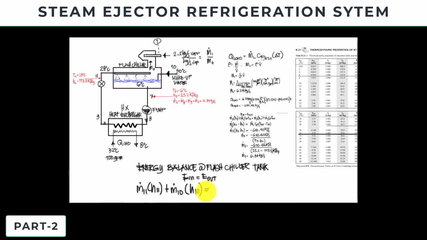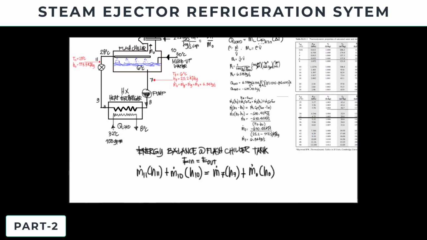Now what is leaving, we have this one, so that is the circulating water. We have the mass flow rate 7 times my enthalpy 7, plus we have the mass flow rate of the vapor which is leaving the flash tank. We have the mass flow rate at 0.0 times the enthalpy at O, or 0. No?